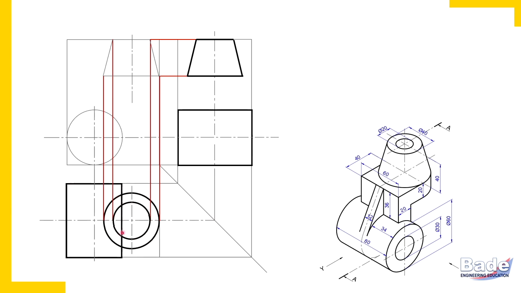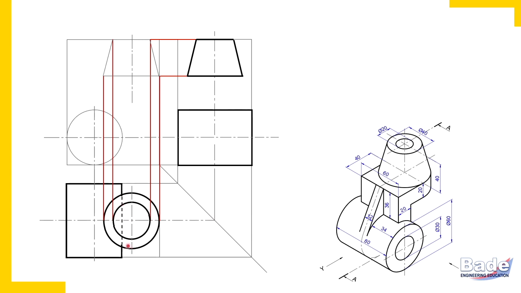Now top views of these two portions, cylinder and truncated cone, overlap, and that is why we should check in the top view, that is when observer is watching from top, which portion is closer to observer. So this truncated cone is closer to observer. That means the overlap portion of the cylinder is hidden. So this overlap portion of the cylinder we should draw hidden.